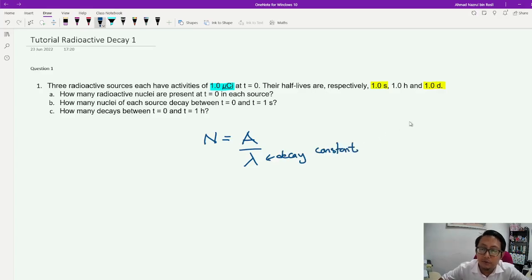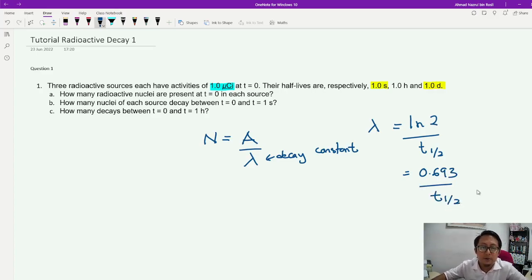The formula for the decay constant is lambda equals ln 2 over T half-life, and ln 2 is equal to 0.693 over T half-life.